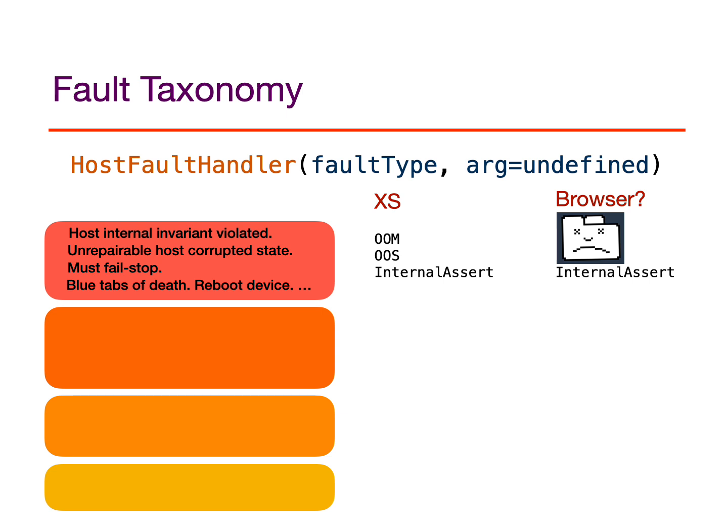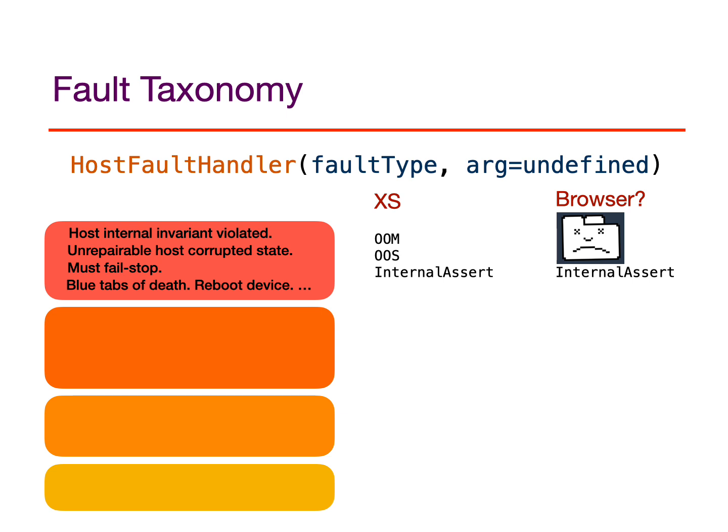For example, an internal assert is violated. I'm just guessing here that the browsers have something like an internal assert as well. I've only studied the internal faults for XS, and I'm guessing about the browsers. But if the internal state of the host or JavaScript engine is corrupt, then I'm assuming that we all agree that those cases do call for fail stop.